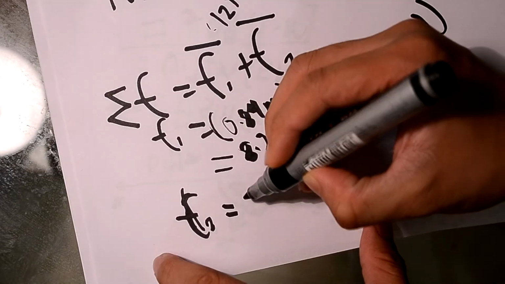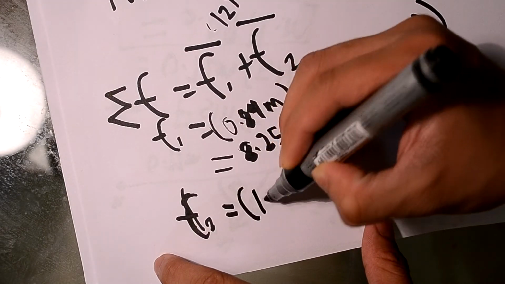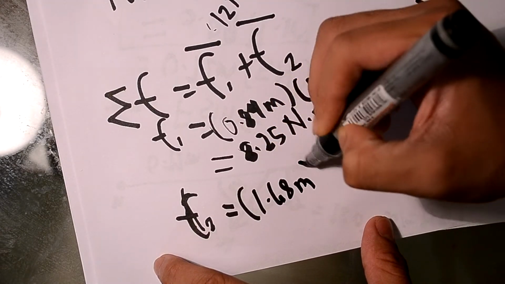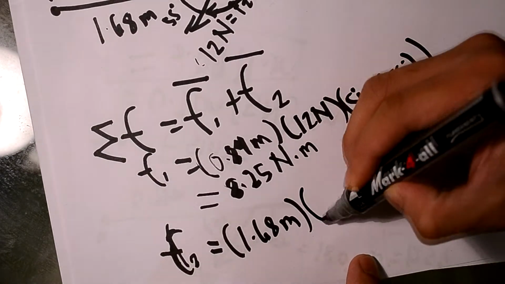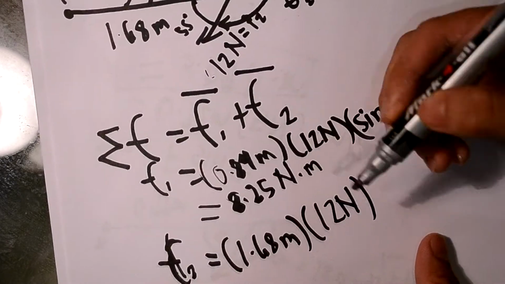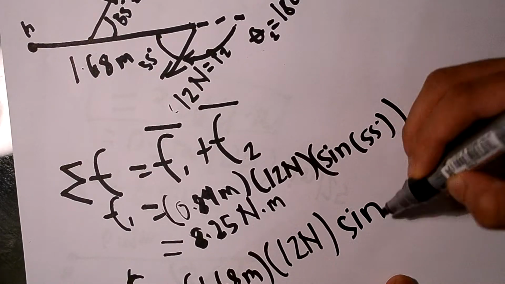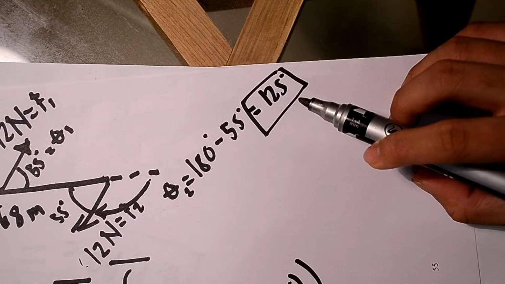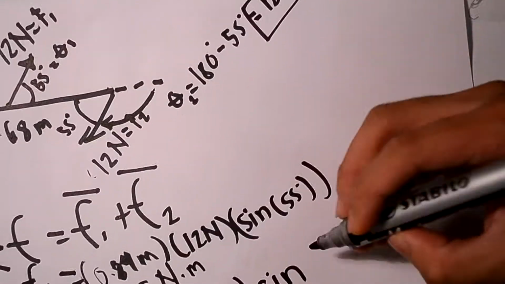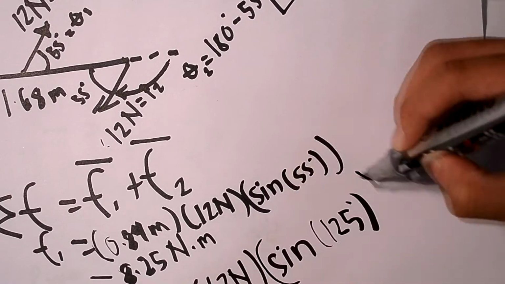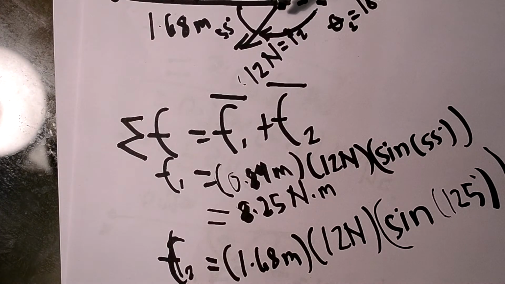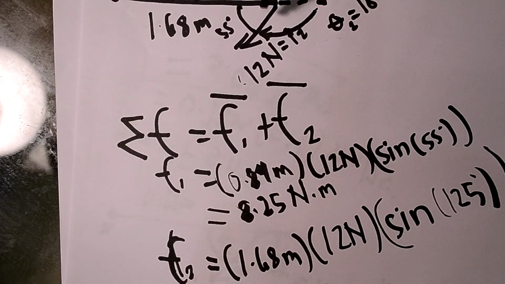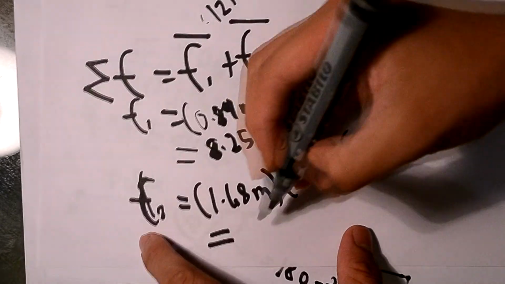So the R of torque 2 is 1.68 meters with a force of 12 newtons, the same as torque 1, with sine theta 2, which is 125 degrees as we calculated earlier. So we can calculate this. Since this force is below the moment arm, the torque is negative.